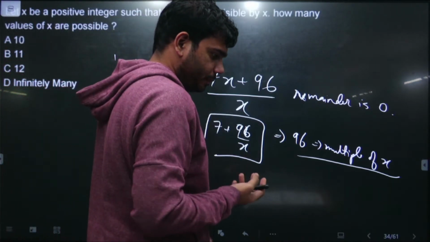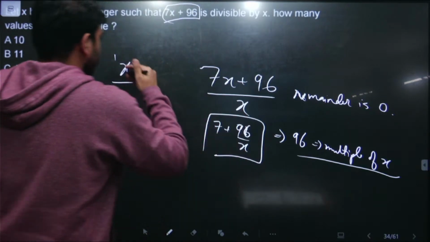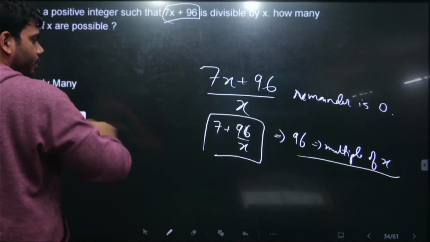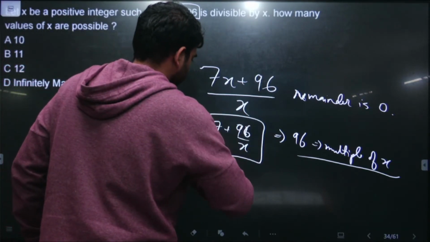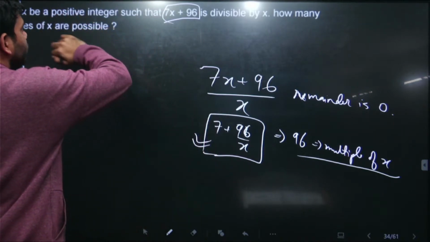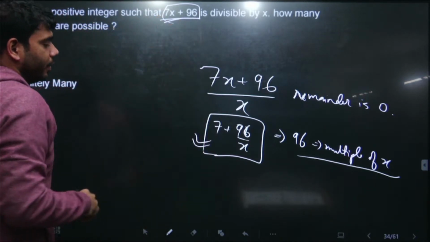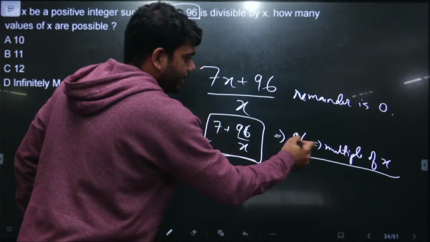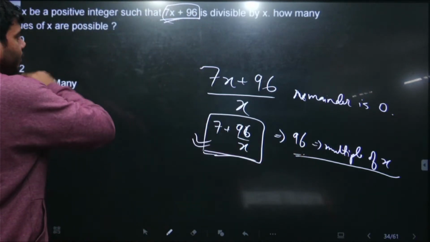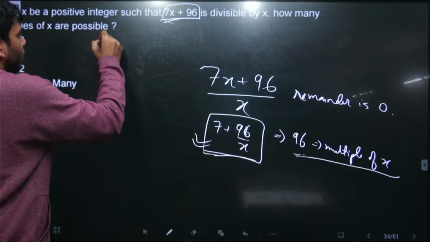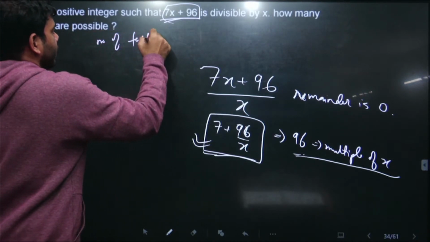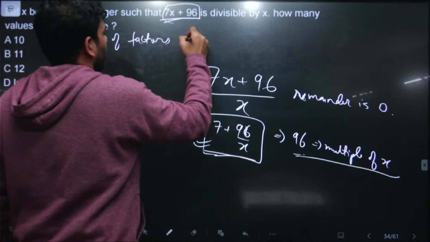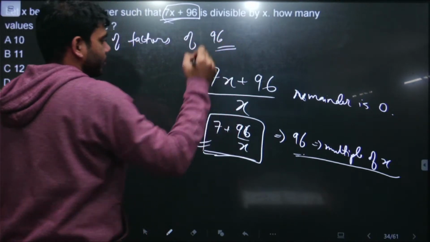Then we can see that x will be a factor of this. So 96 should be a multiple of x. Then we need to find the number of factors of 96. This is the question.